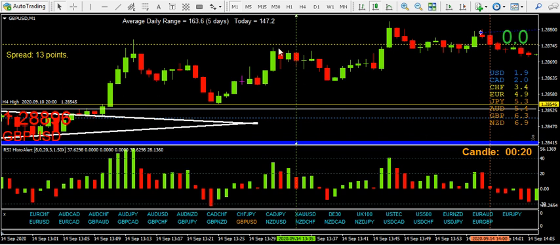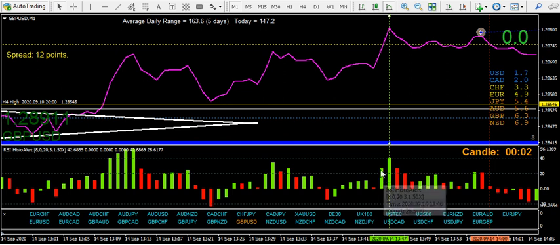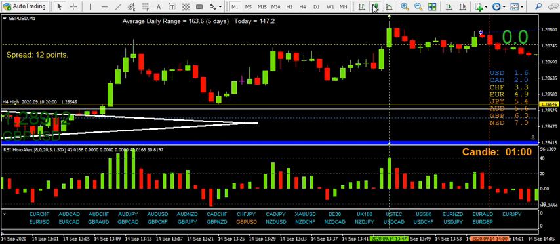Clearly see that high, low, lower high, lower low. So the best place to enter would have been waiting for that RSI break and close there, really, on that candle, which would have got you in at that level there in fact, so almost the same level I got in, to be honest with you.